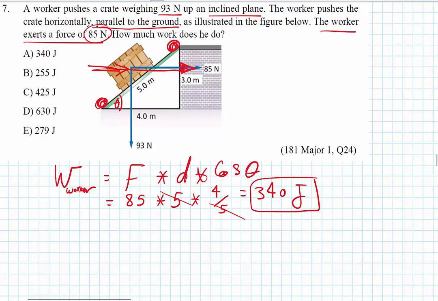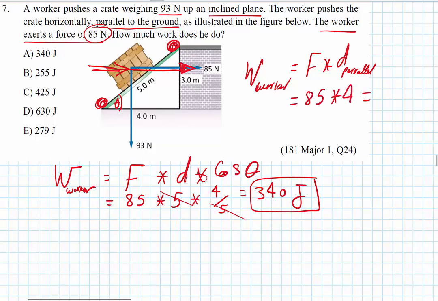Yes, this is the horizontal distance, which is the 4 meter. So we can say that his work equals his force times the parallel distance, which is the 4 meter. So we can multiply 85 times 4 gives you 340 joules, so it's the same answer. So you can use both equations, and it gives you the same answer.